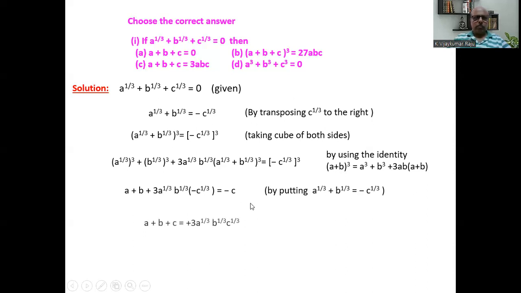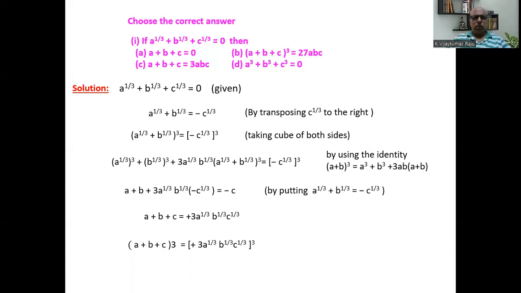Now we take this minus c to this side, it becomes a plus b plus c. And there is a minus sign here, plus minus is minus. So minus this term, when you take it to the right side, it becomes plus this term. That is 3 a raised to 1/3, b raised to 1/3, c raised to 1/3. Now, take the cube of both the sides.